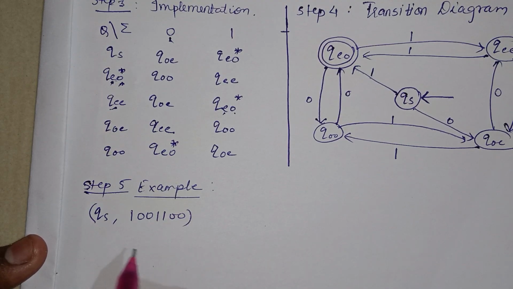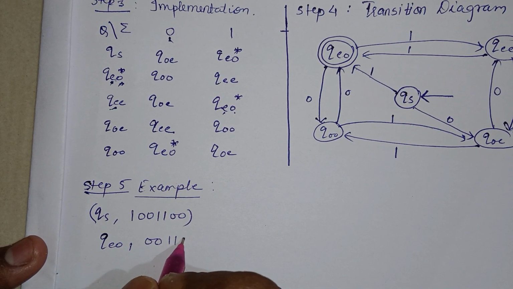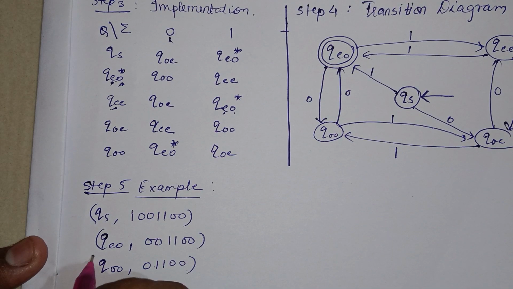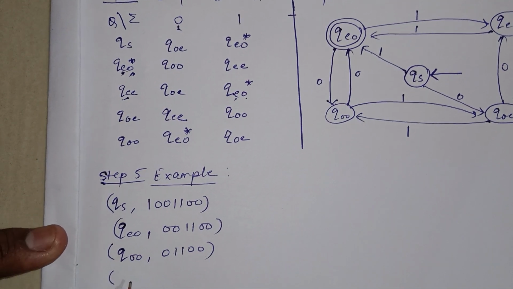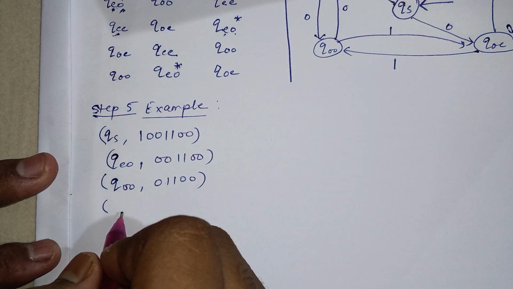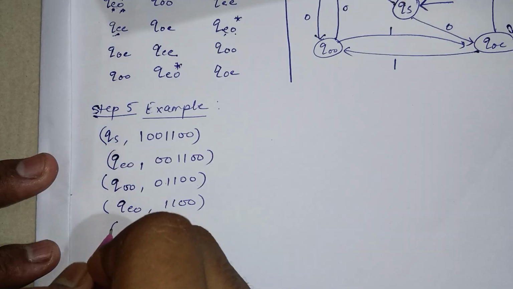When QS receives 1, it goes to QEO 001100. When QEO receives 0, it goes to QOO 01100. When QOO receives 0, it goes to QEO 1100.